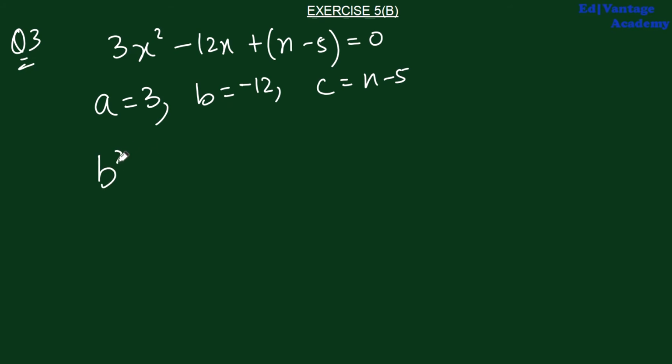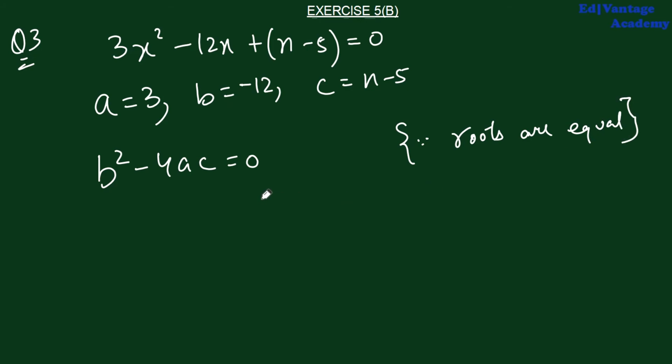Okay. So b square minus 4ac is equal to 0. Why? Because roots are equal. They have given that. So here b is minus 12 whole square minus 4 into a is 3, c is n minus 5 is equal to 0.